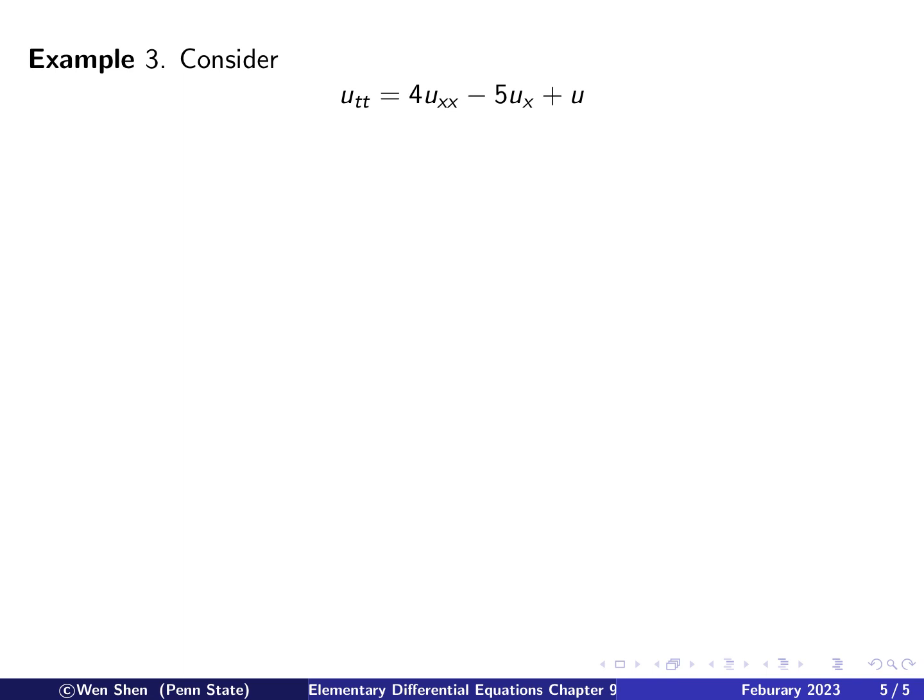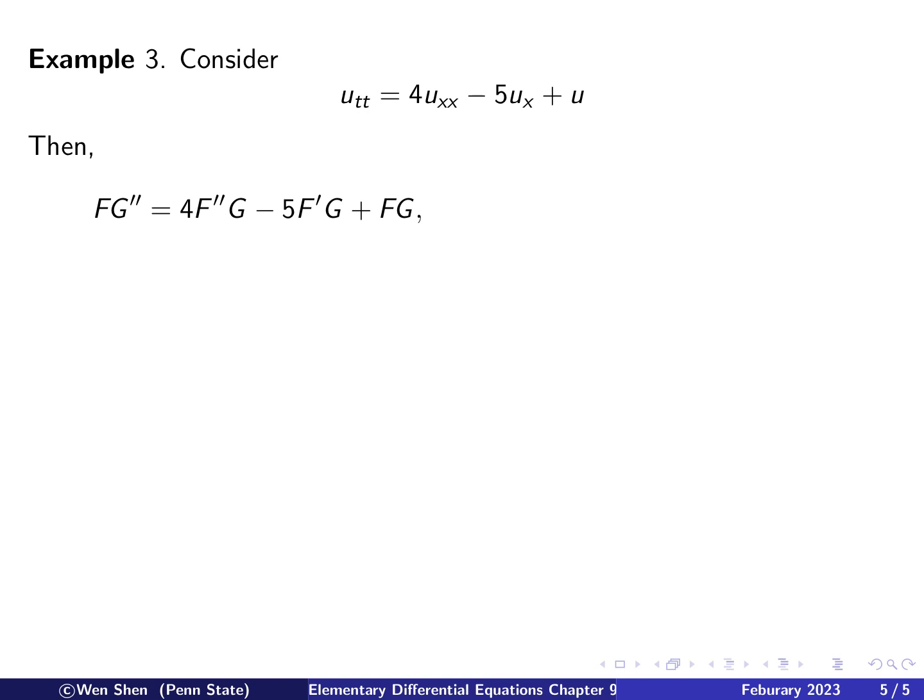Okay, the third example, we have utt equals 4uxx minus 5ux plus u. Let's do a similar thing. Then tt will result in g double prime, and uxx will be f double prime, ux will be f prime, and then u is just f times g.